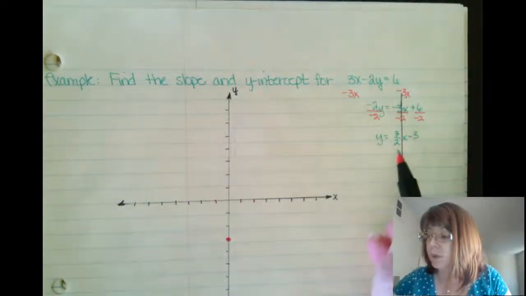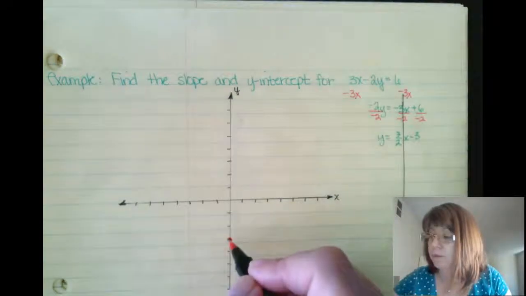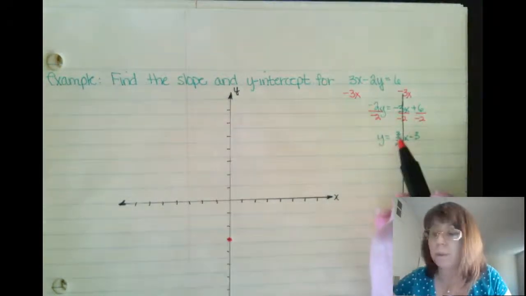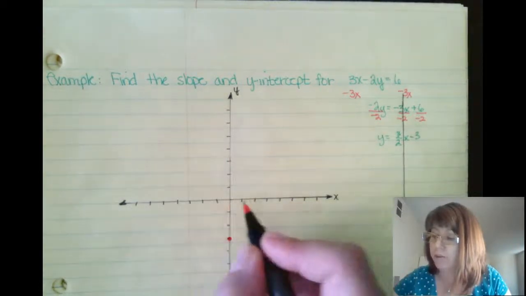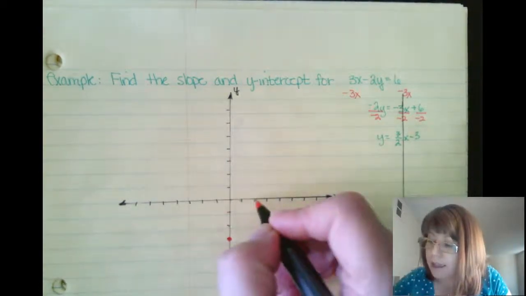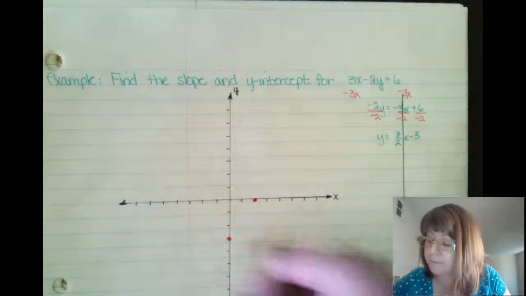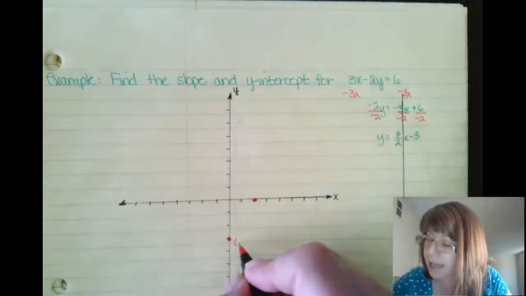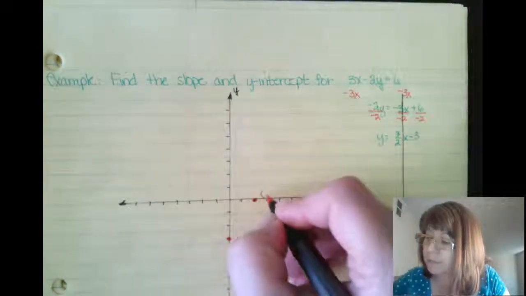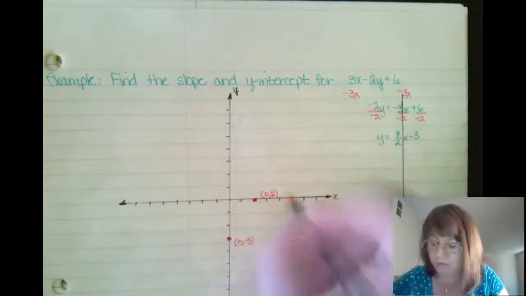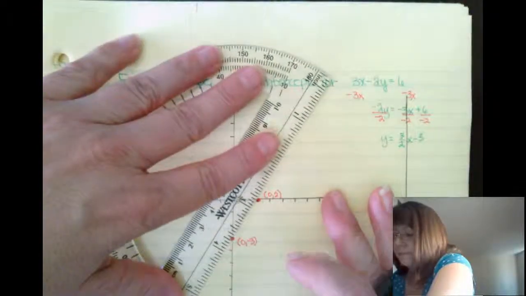Using my slope, I'm going to go up 3 because it's 3/2, and over 2. My first point is at (0, -3). My second point happens to be (2, 0). Connect my points.